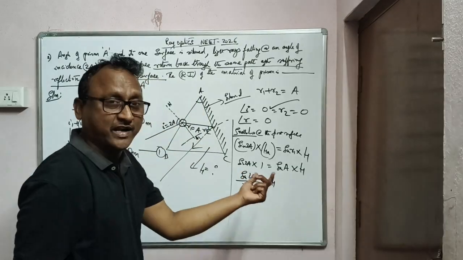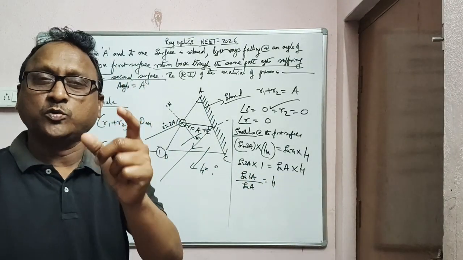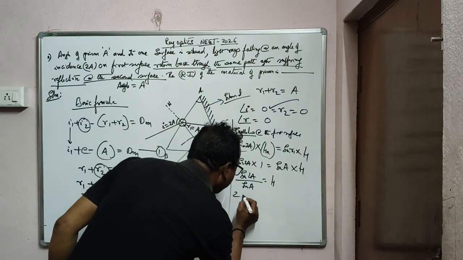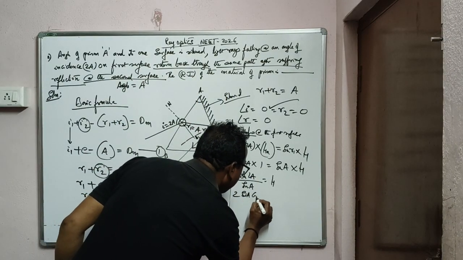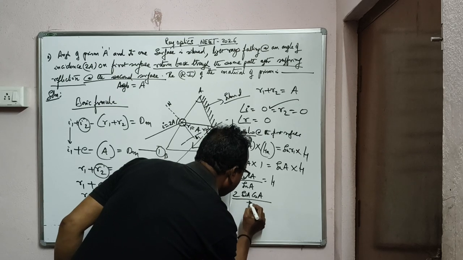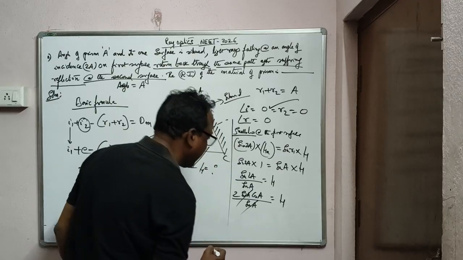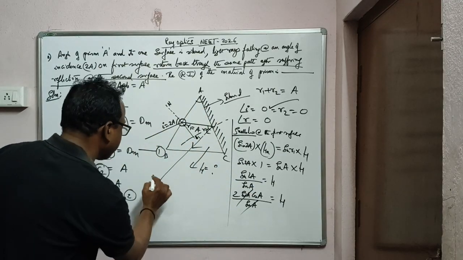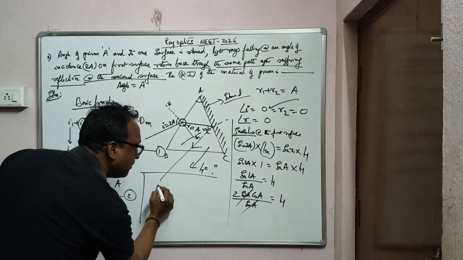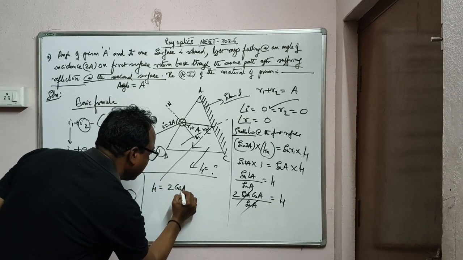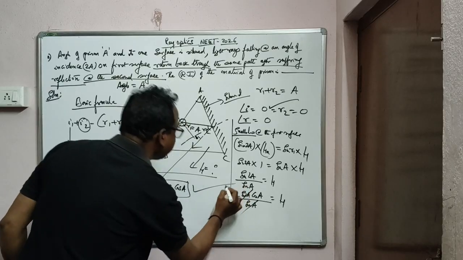Now this is a trigonometric function: sin 2 theta is 2 sin theta cos theta. So sin 2A is 2 sin A cos A, by sin A is equal to mu. Sin A gets cancelled, what remains is 2 cos A. Therefore mu is equal to 2 cos A, and that is the right answer.